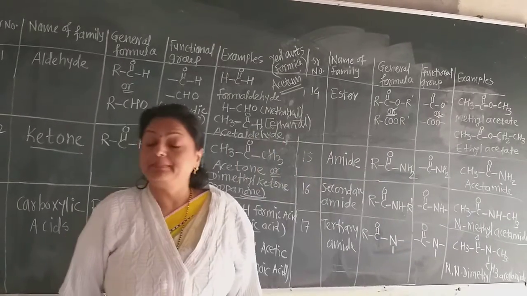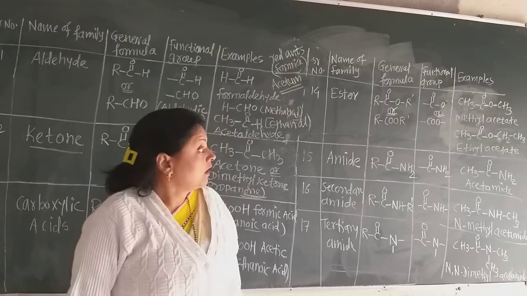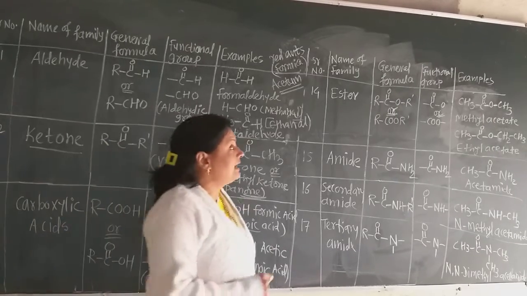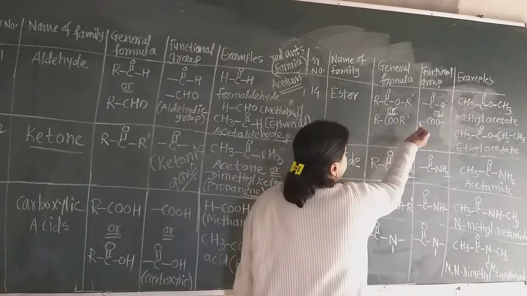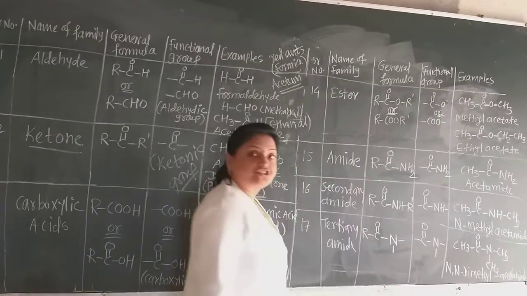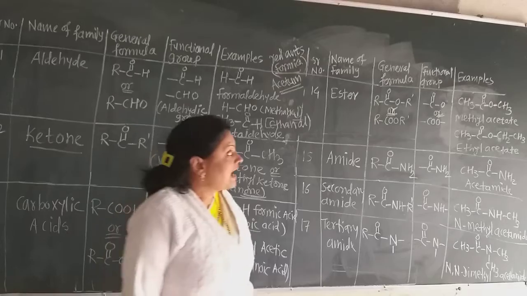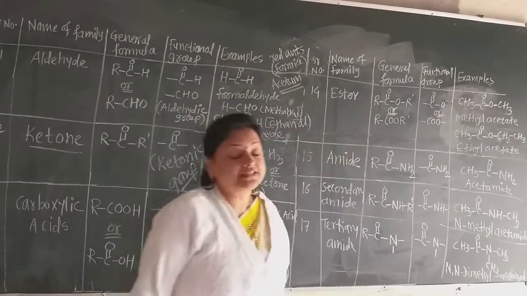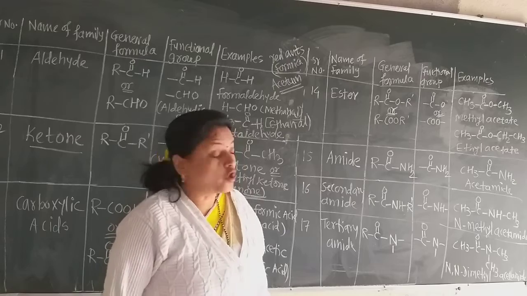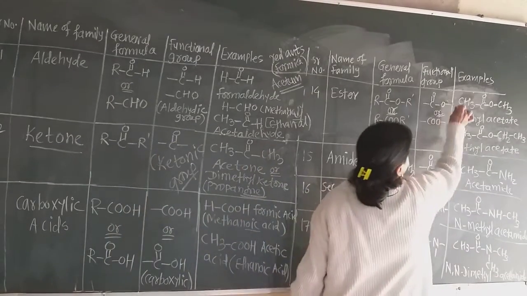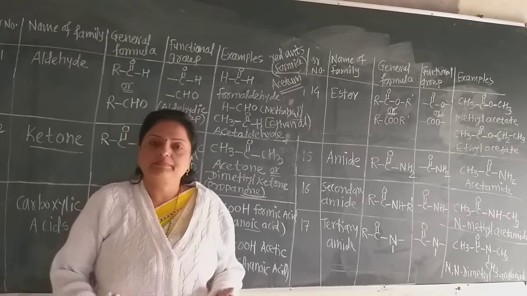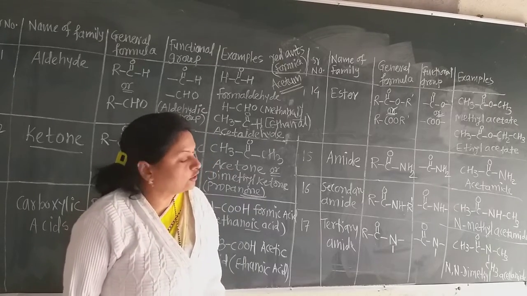That hydrogen is replaced by this alkyl group. Now both R may be same or they may be different, and this is the general formula RCOR dash. RCOR dash is the general formula of the ester, and this is the ester group. This is called the functional group, the ester group. C double bond O and O dash must be there, because on both valencies there are the R groups, that is the alkyl groups.